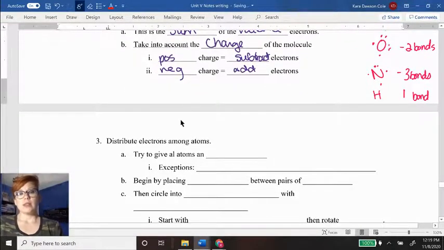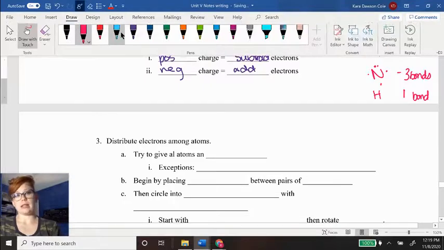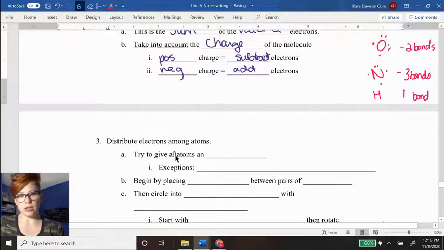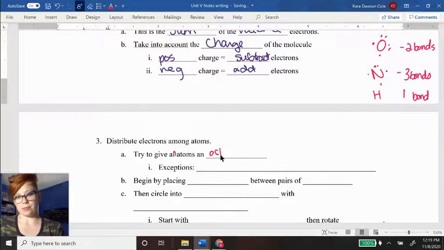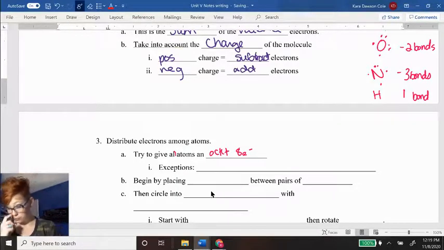So you want to distribute the electrons among the atoms. And the way that you do this is by trying to give all atoms an octet. So 8 electrons, unless it doesn't want an octet. So hydrogen does not want an octet. It wants 2 electrons.